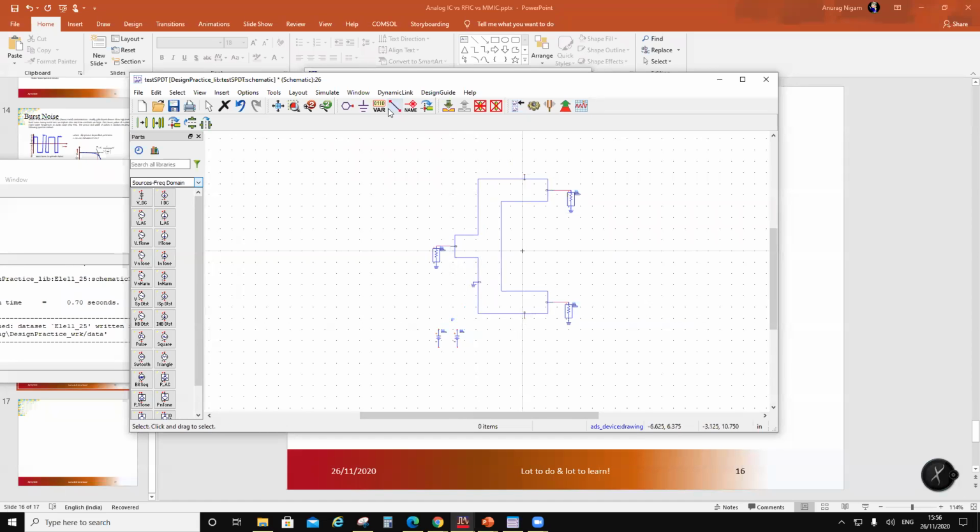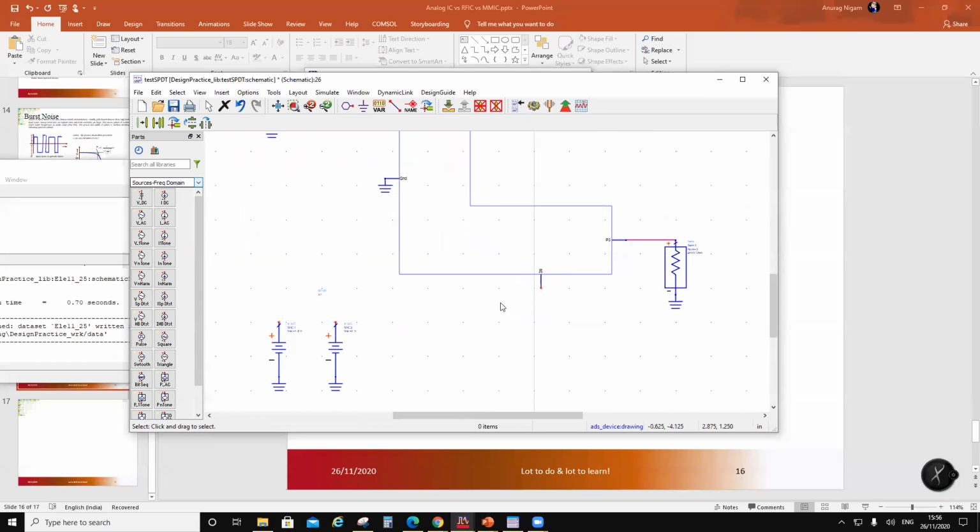Put it here. Now, let me tell you this. You can always refer to this point as a ground, but then this will be GND exclamation, or what you call ground bang. So that's a global ground node.